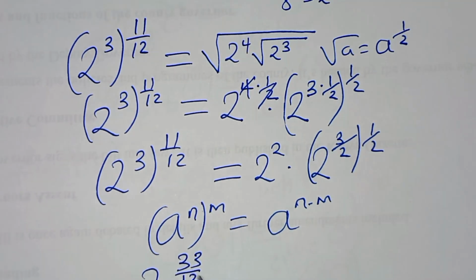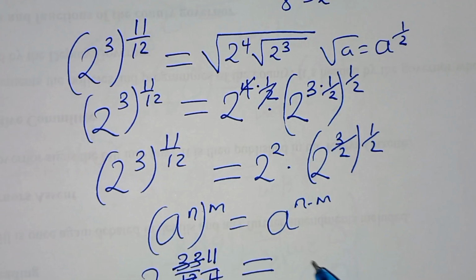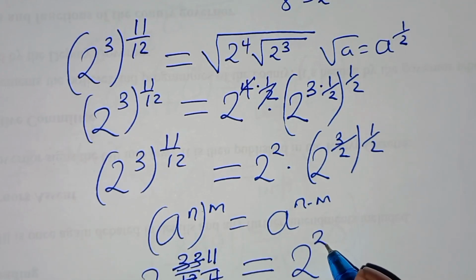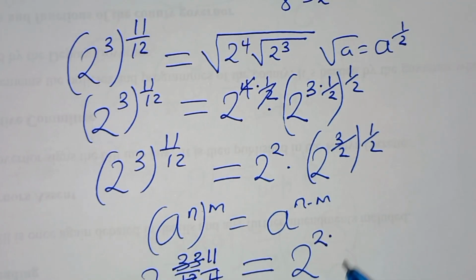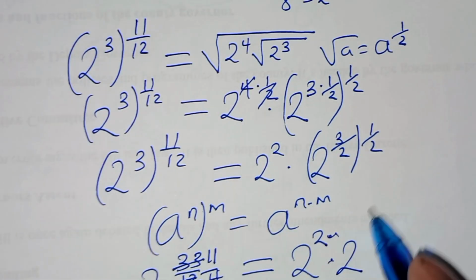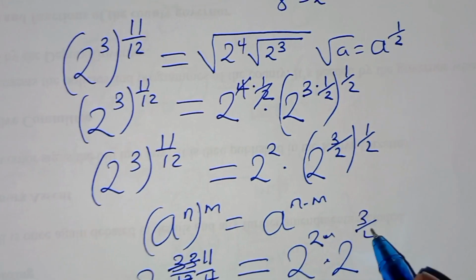Okay, which we can simplify by dividing by 3: 11 over 4. So this is equal to 2 to power 2 times 2 to power 3 over 4.